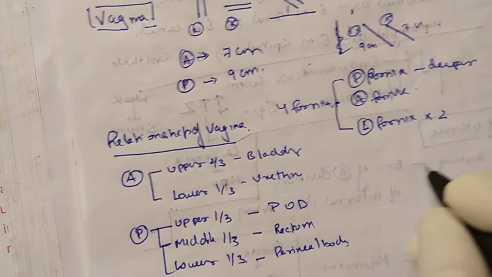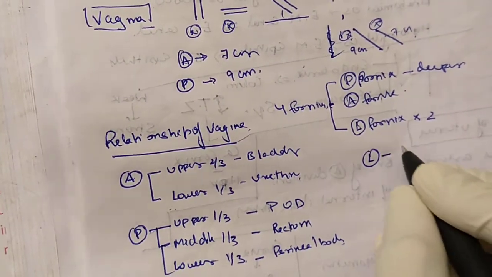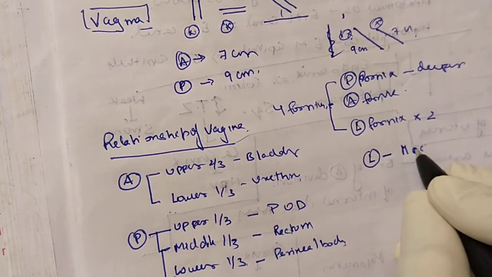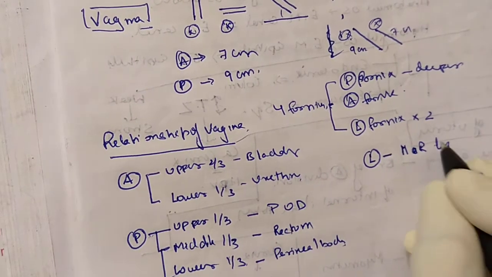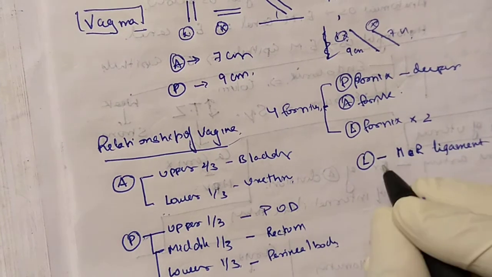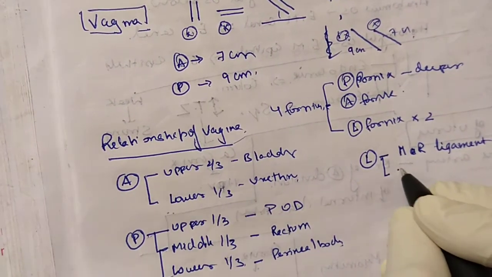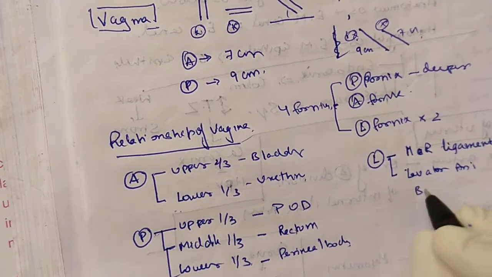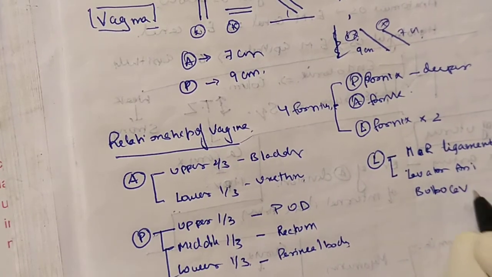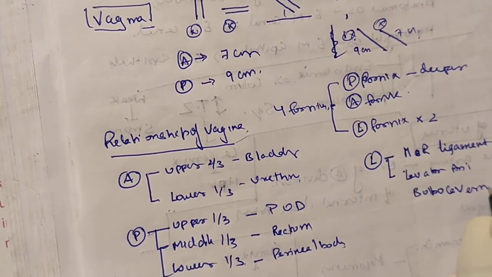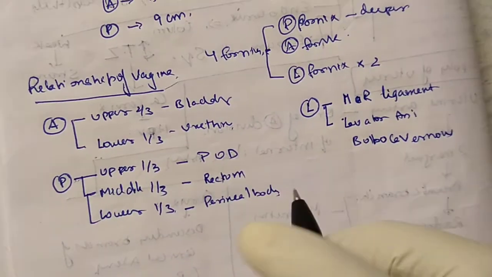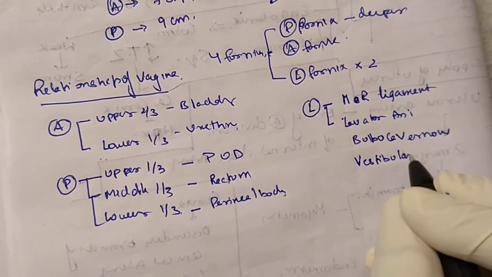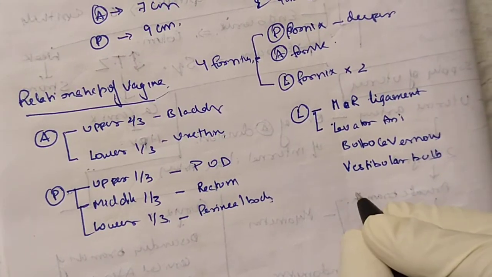So we have lateral relations also. Laterally we have Mackenrodt's ligament, levator ani, then bulbocavernosus, then vestibular bulb, and Bartholin's gland.